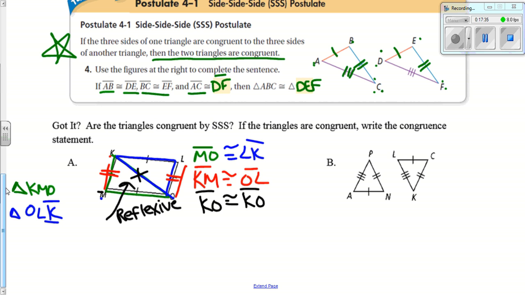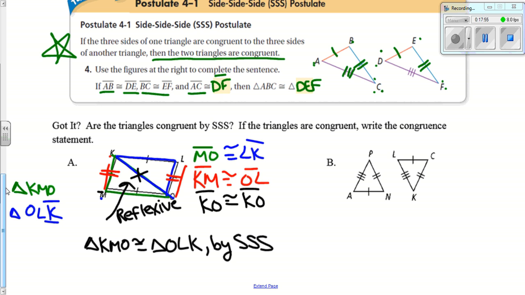So I have all 3 sides congruent. So I can conclude that triangle KMO is congruent to triangle OLK. We can say by side, side, side. Because all 3 sides are congruent, the 2 triangles are congruent.